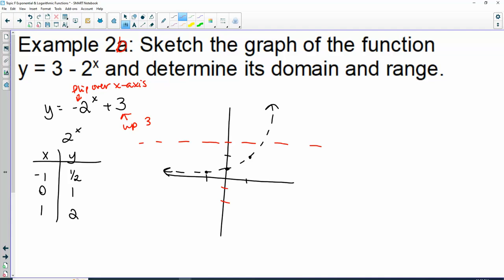So I think I have a point. If I flip it, it comes down here, then up 3. I have a point, flip it, it goes down here, up 3. 1, 2, we go to 1, negative 2, up 3. What's our domain?